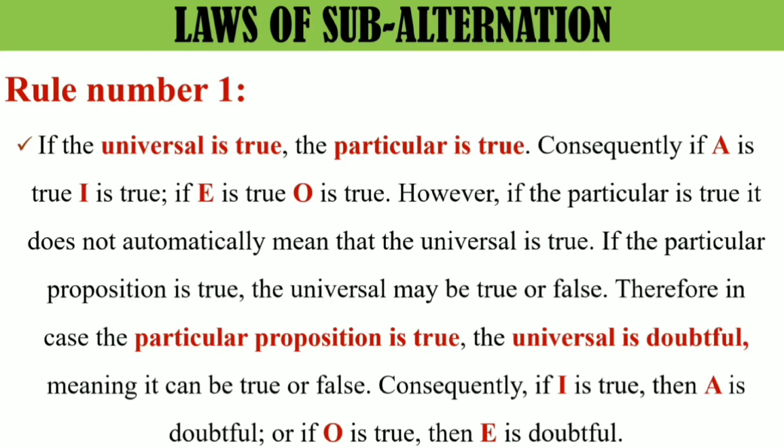But if I is true, A, which is universal, is doubtful. And if O is true, then E is doubtful. Why? Because not all the time does the portion of the universal, which is the particular, involve the whole. That is rule number 1.